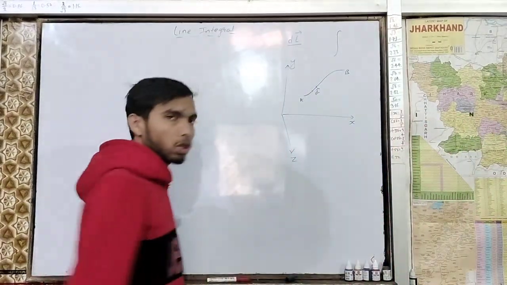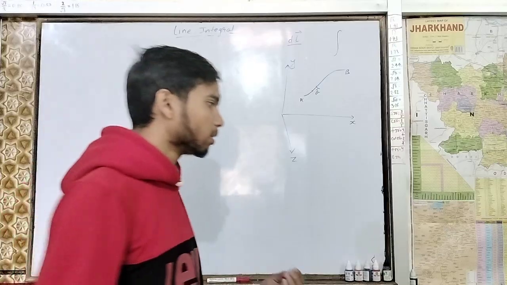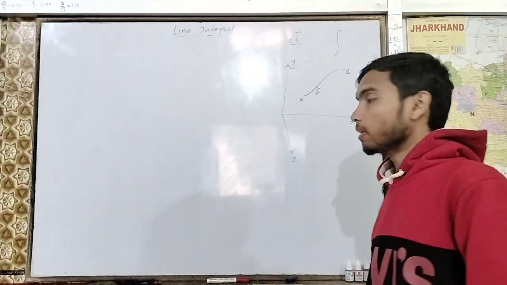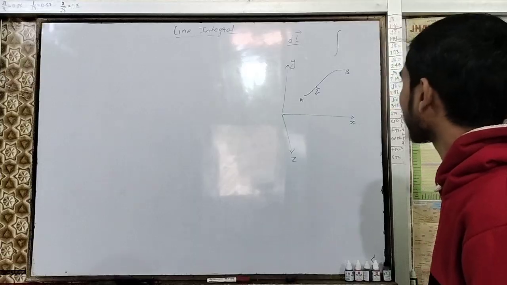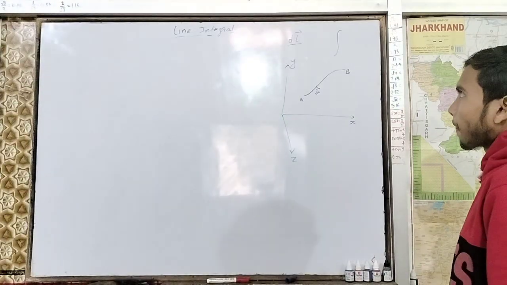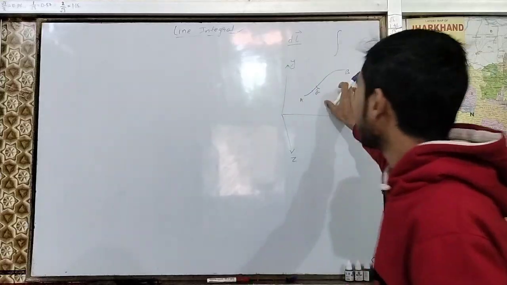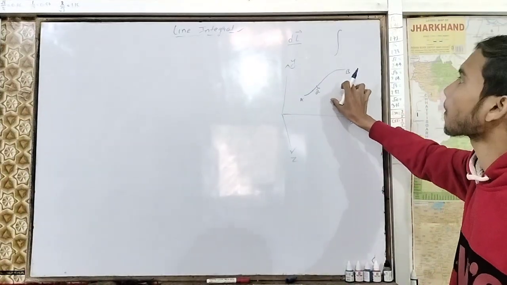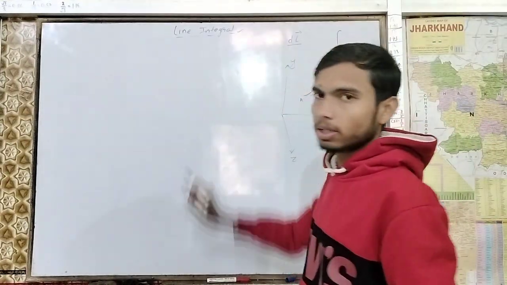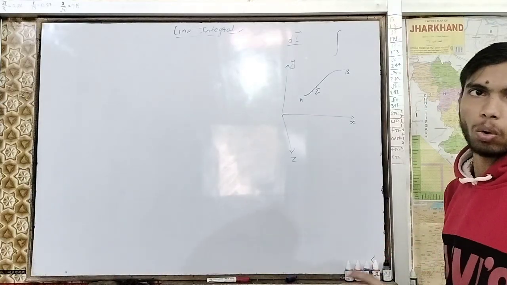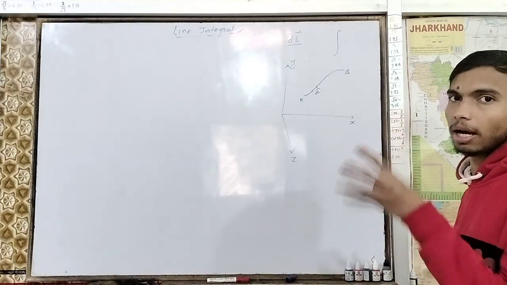This is the figure of a line integral, where we have a curve. Integral means what? This is a line, but what kind of line? A curved line. Integral means that you are going to add from initial to final.